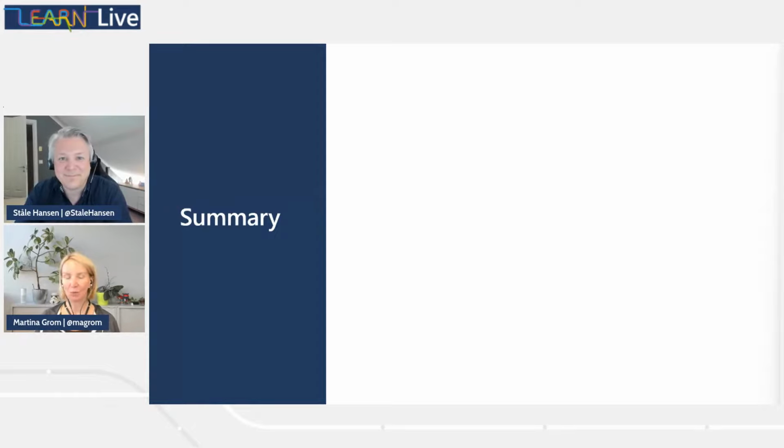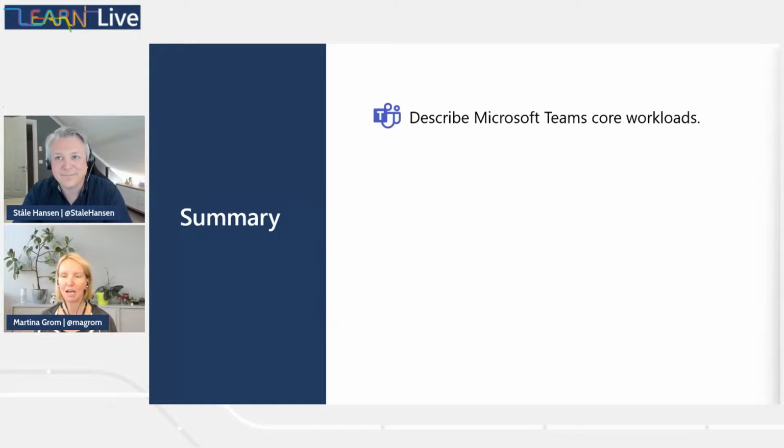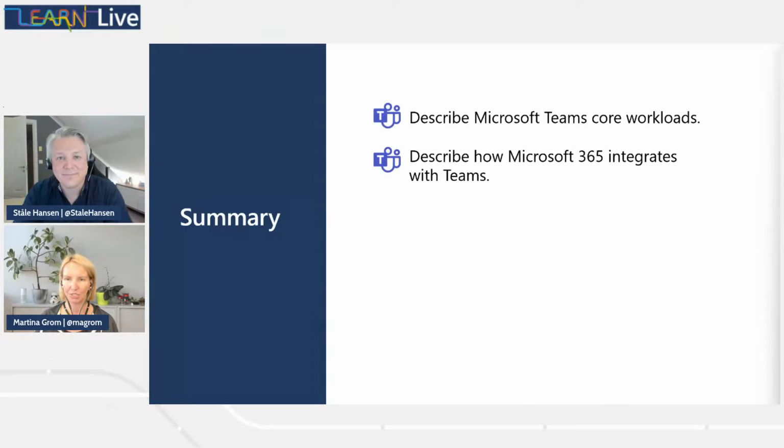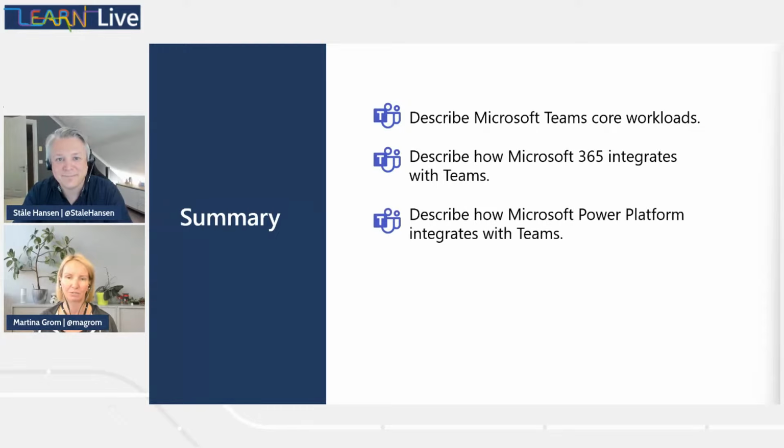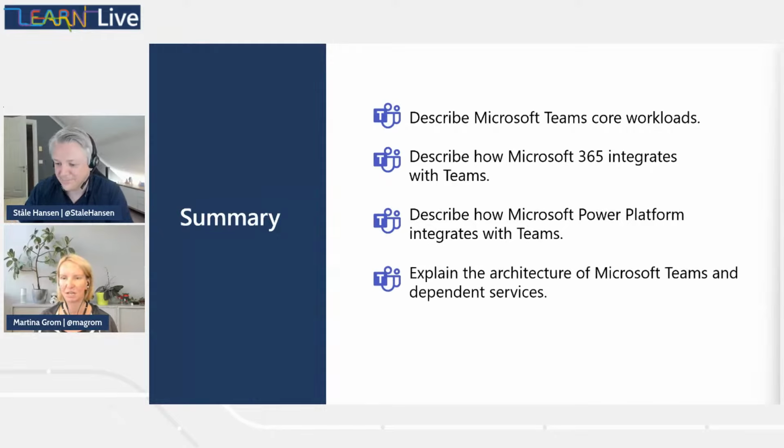So we are at the end of this first slot. I hope you enjoyed the session, and I hope you join us again for the next 3 weeks. To give you a brief summary of what we have learned today: first, we described Microsoft Teams core workloads, and then we went through how Microsoft 365 integrates with Microsoft Teams. The next point we talked about was the Microsoft Power Platform and how this integrates with Microsoft Teams. Then we built the architecture, how Microsoft Teams works and all the dependencies and limits we have in there.